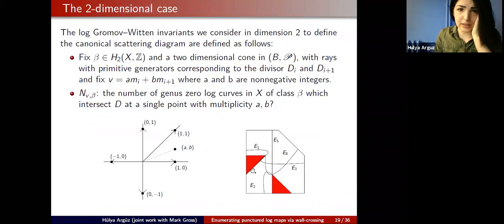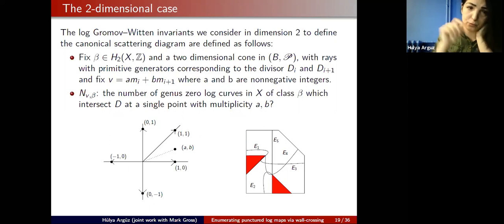The reason being, in dimension 2 we look at log maps, so in dimension 2 we want to consider n-2 dimensional strata of the moduli space. So in dimension 2 the generic point of the tropicalizations maps onto the 0-dimensional strata of the toric variety.